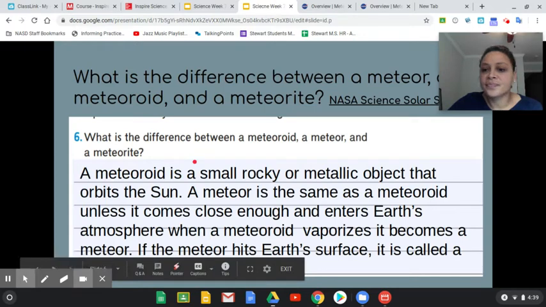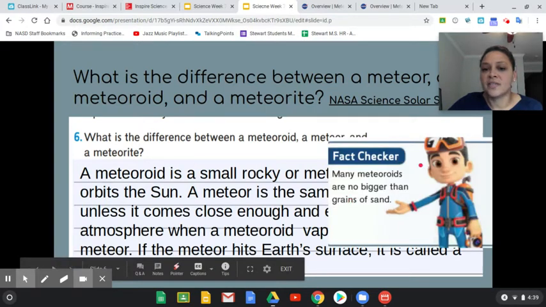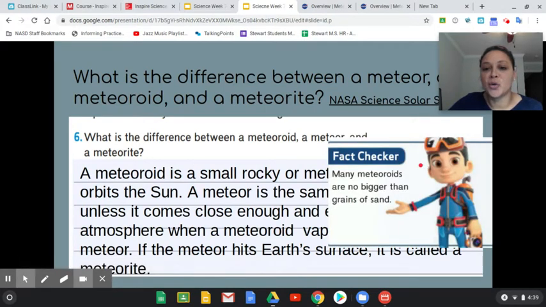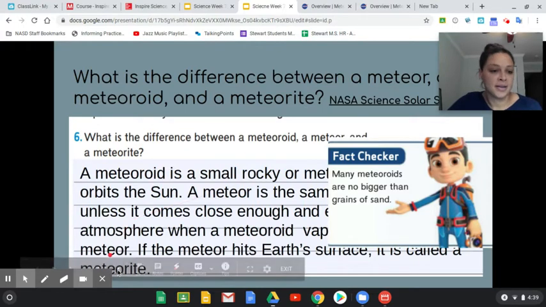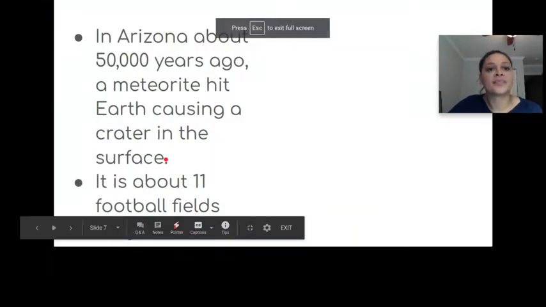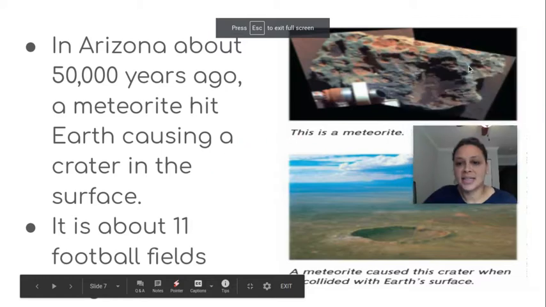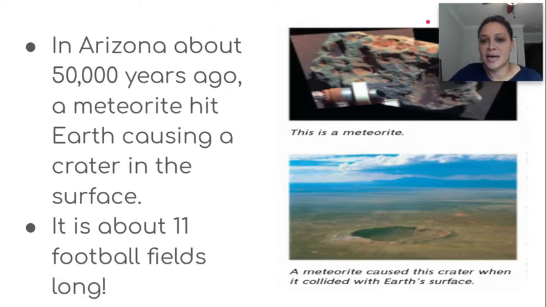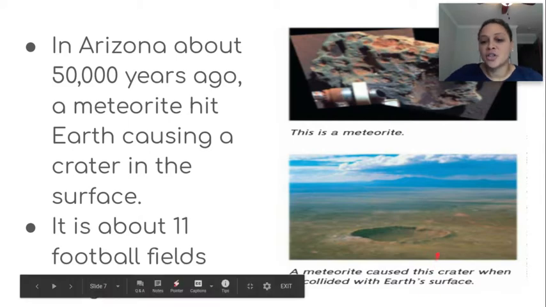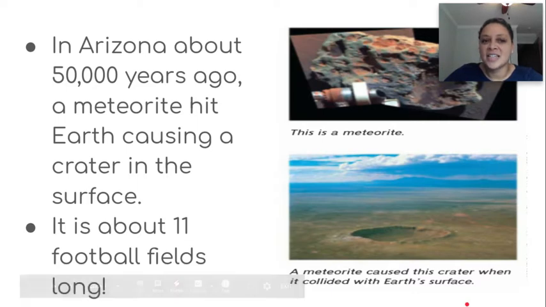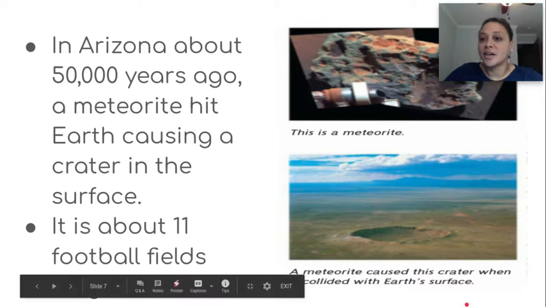All right. And then just a fun fact, many meteoroids are no bigger than grains of sand. Okay. Here is a picture from our science handbook of a meteorite. Okay. And so a meteorite is when it hits a planet. It makes impact. So if you look at the bottom picture, here is the picture that was shared with you last week with the lab. About 50,000 years ago, a meteor hit Earth.